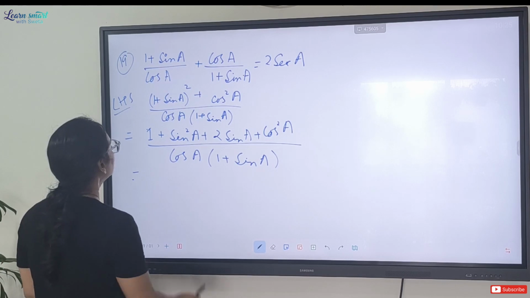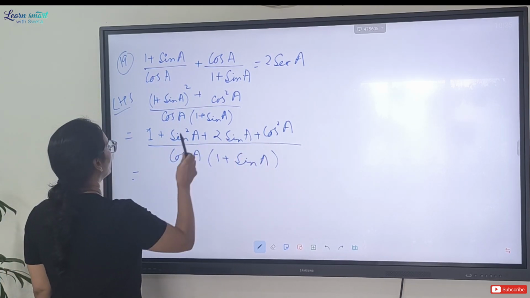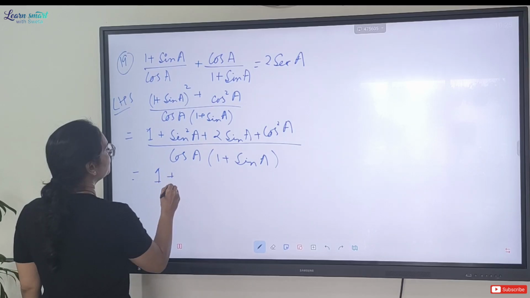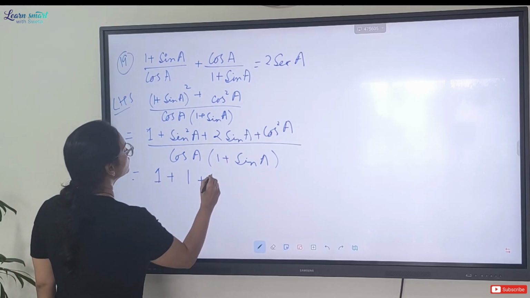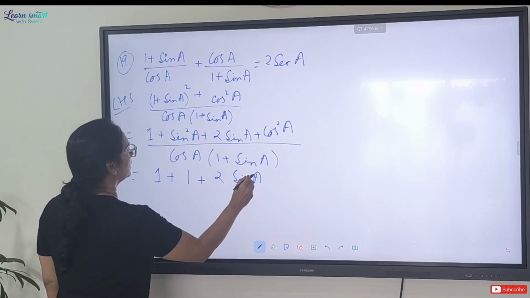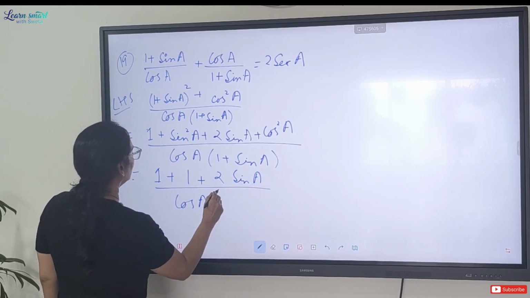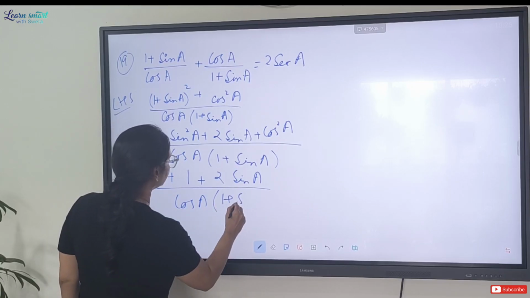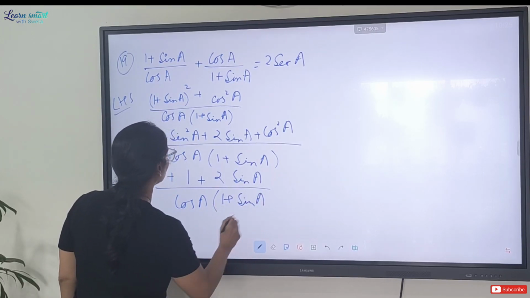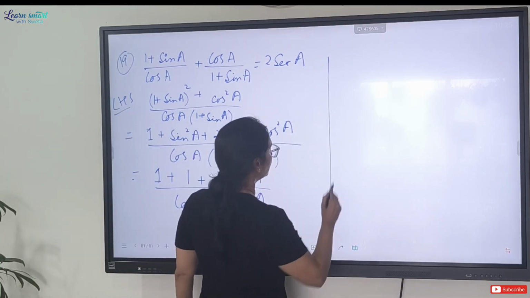Now see, here we have sin square A plus cos square A. We can write this as 1. So we will get 1 plus 1 and plus 2 sin A, and upon cos A into 1 plus sin A. Now this 1 plus 1 we will write as 2. We will simplify.